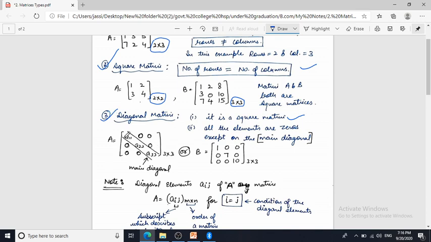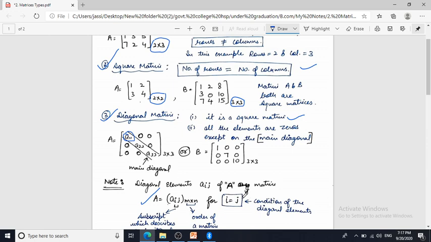And what is a diagonal? The diagonal elements of a matrix are a_ij where i is equal to j. Here I have given you a definition of diagonal elements. You can see from here that the diagonal elements are elements a_ij of an m by n matrix for i equal to j. Means if i is equal to 1, then j is also equal to 1, and its position would be a11.